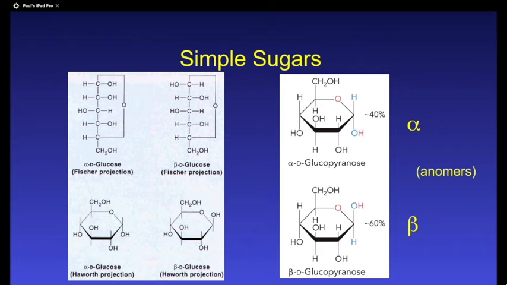But with a typewriter, you could have made lines like this, and so you will see this written. The only reason why they did it way back when was because in a typewriter, I could actually display a ring this way. And so you may find it in older books. People still use it. But we see this, or we see the true chair boat form. So I don't want you to be confused if you see that.